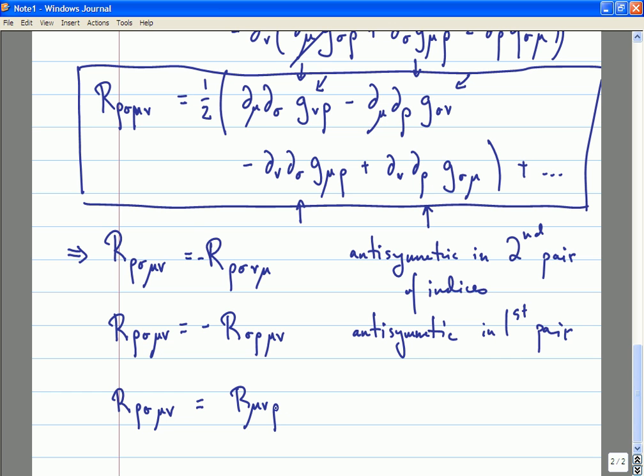So if you switch rho with mu and sigma with nu, that first term right here will get interchanged with the fourth term and the second term with the third term. Here, there's no relative minus sign, so that just means that the Riemann tensor is symmetric when we interchange the first pair of indices with the second pair.